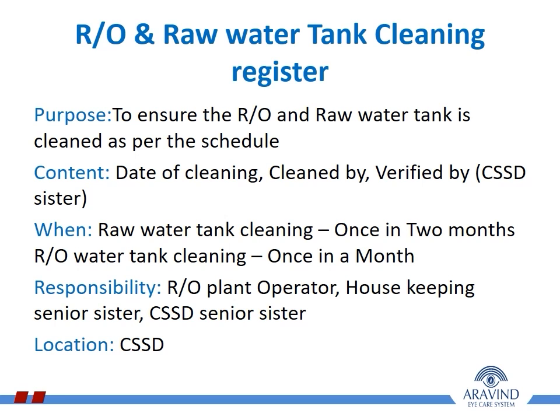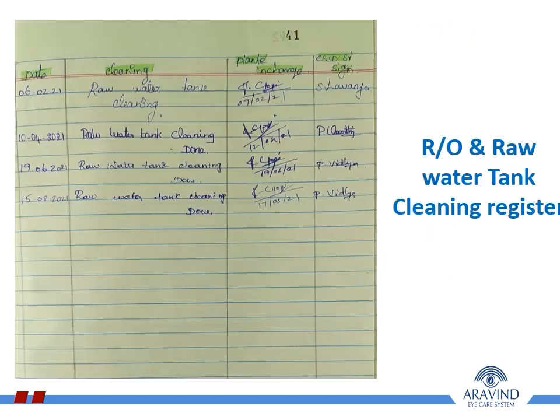The protocol is to do raw water tank cleaning once in 2 months and RO water tank cleaning once in a month. The staff responsible for this is the RO plant operator, housekeeping senior staff and the CSSD senior sister. This is an example of the entry shown in the RO and raw water tank cleaning register.